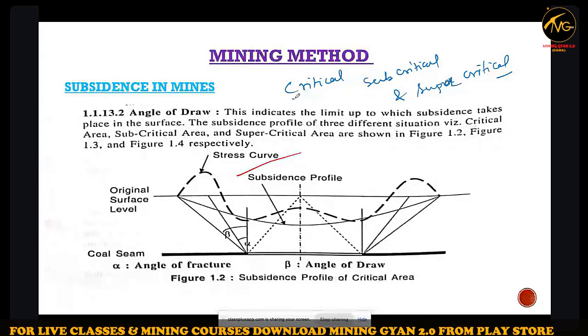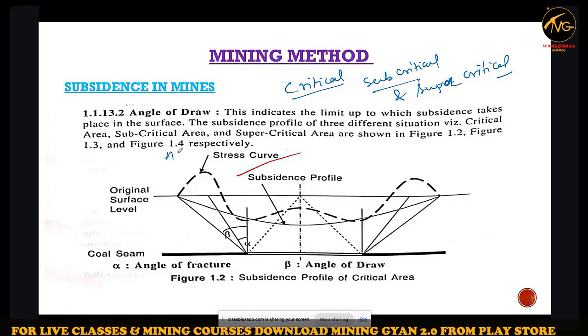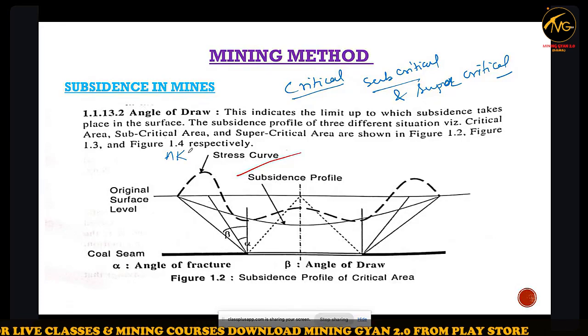So critical, supercritical, and subcritical. If you want to read more about subsidence, you can also go to the Residence book and any other book, because I will follow only AK Gorai. I have told you many times.